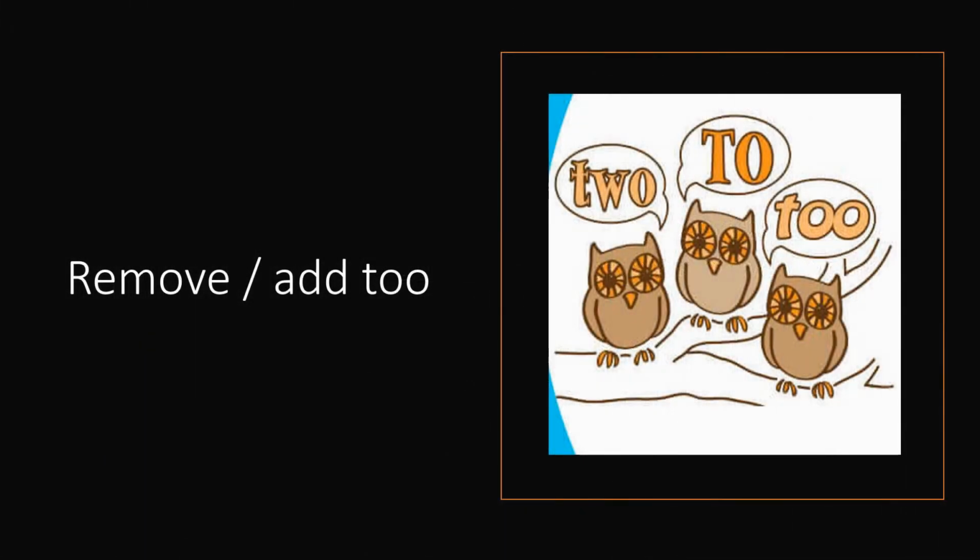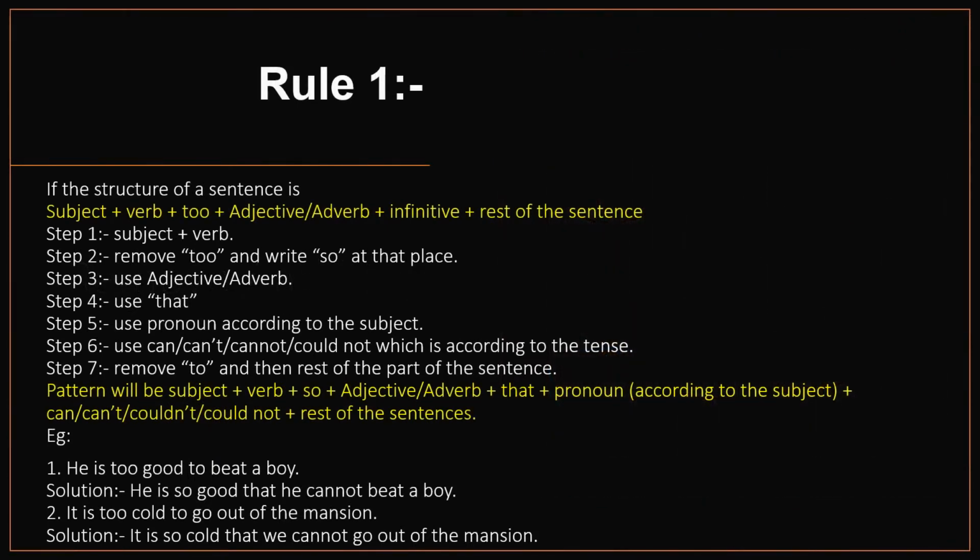Let us now move on to the next subtopic, the removal or addition of to. There are 5 rules that we need to keep in mind when we are applying to in the sentence. We have to understand the structure of the sentence first. Rule number 1.